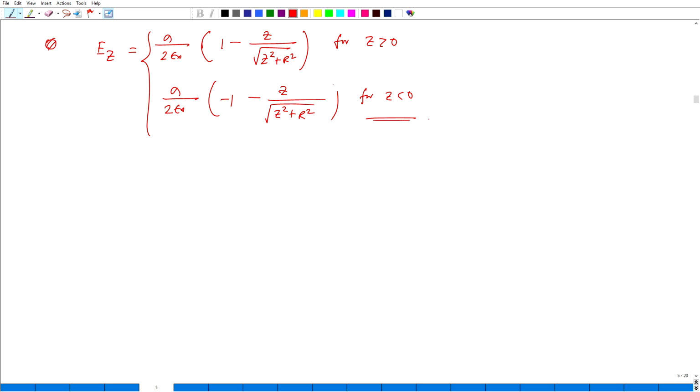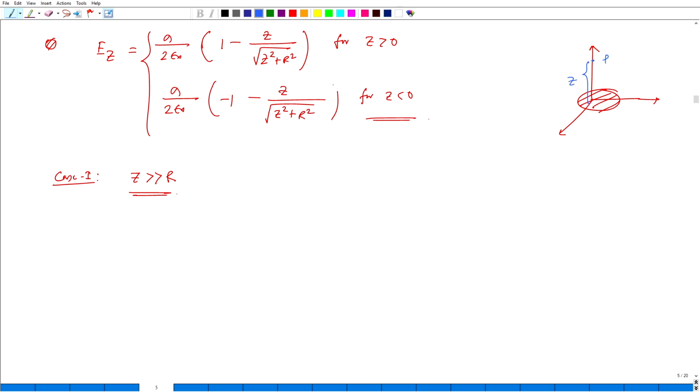So, today we will consider some limiting cases. In case 1, we consider the distance z is very much greater than r. Let me quickly draw a diagram. So, this one is the charged disc, and the point P we consider is at distance z.